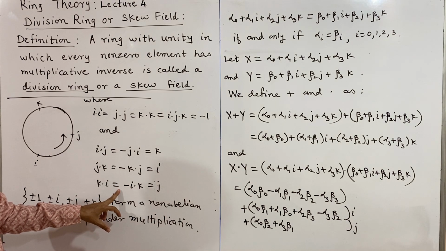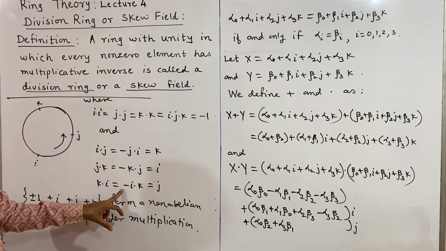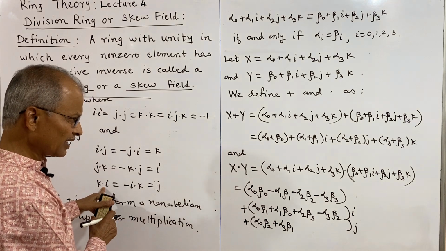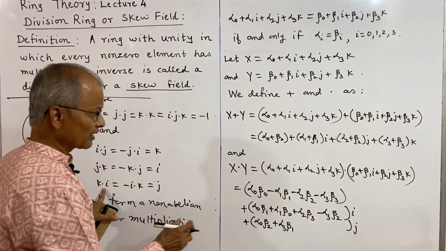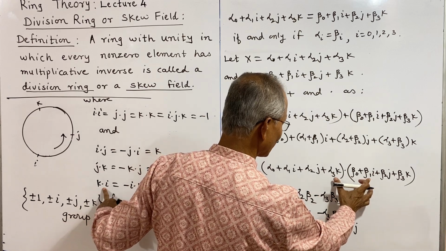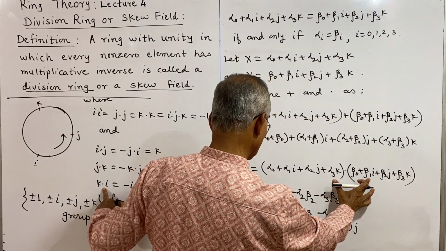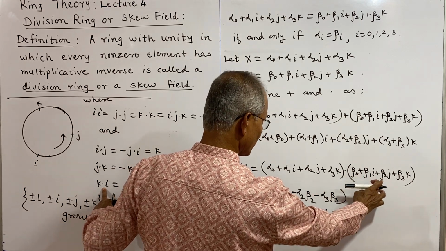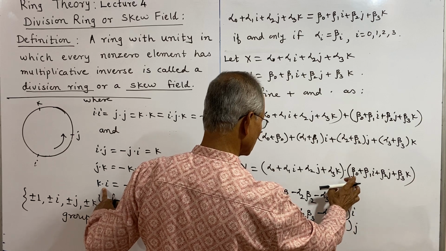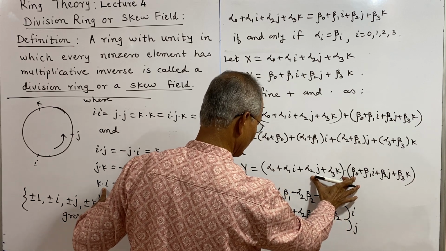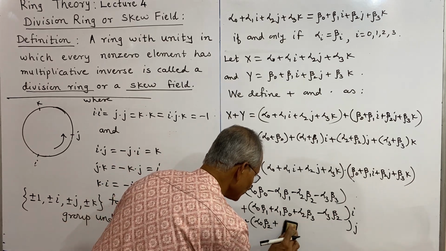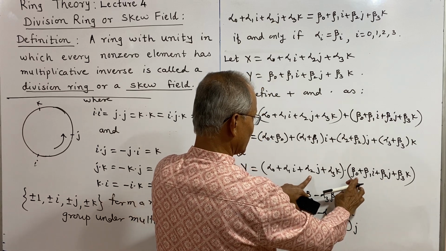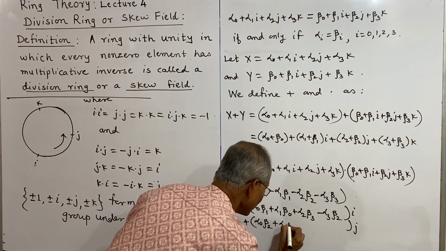Alpha naught beta 2, alpha 3 beta 1. See, we are collecting the j components, and k dot i here gives alpha 3 beta 1, that is right. But there is the earlier j component which is alpha naught beta 2, and this is beta naught alpha 2. So I shall write that first, alpha 2 beta naught plus alpha 2 beta naught.